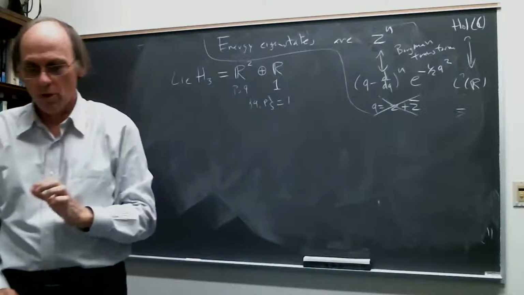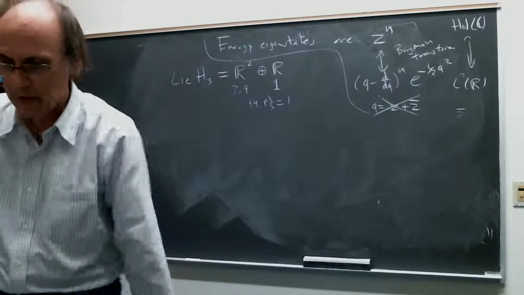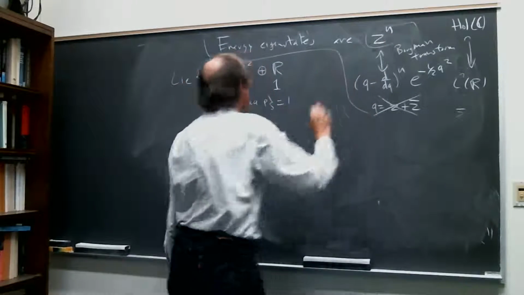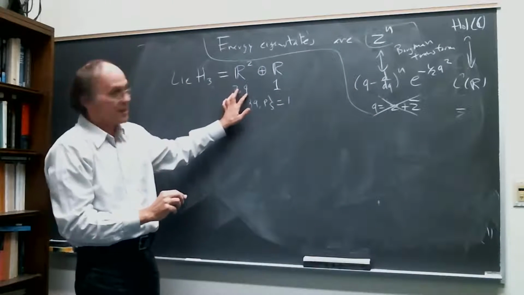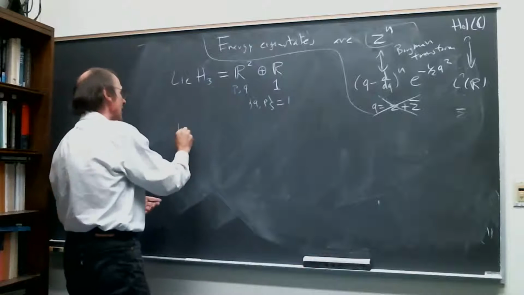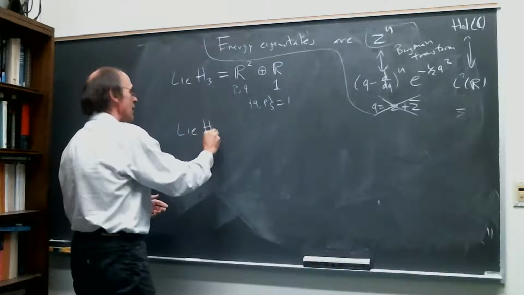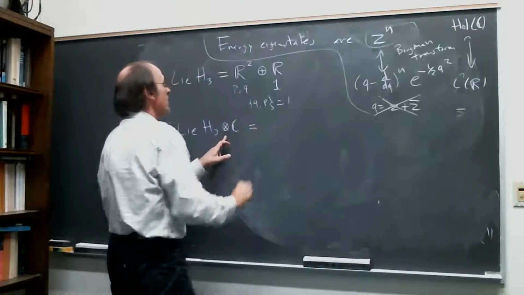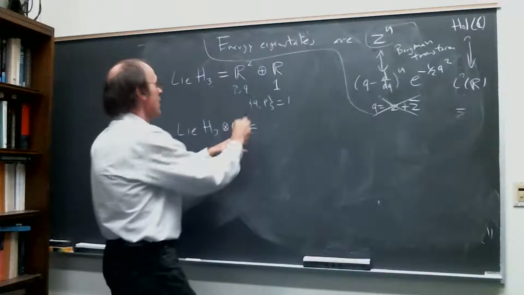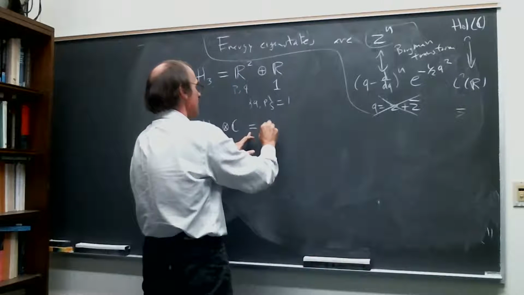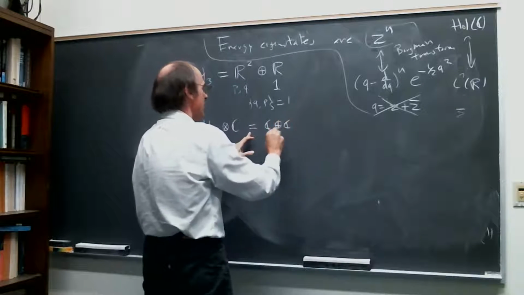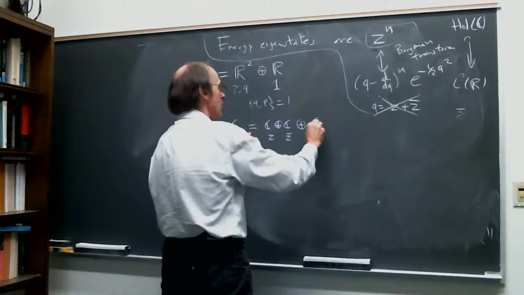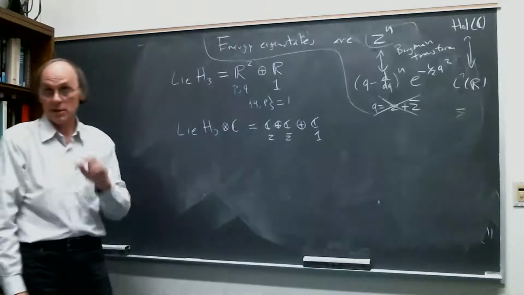Now what we've done here, if we use these z's, or take complex linear combinations of these, is look at Lie H3 and complexify it, and that's going to be a C plus a C. Here you're going to have the z's and z bars, and then you're still going to have 1 here, but you're going to allow complex coefficients.